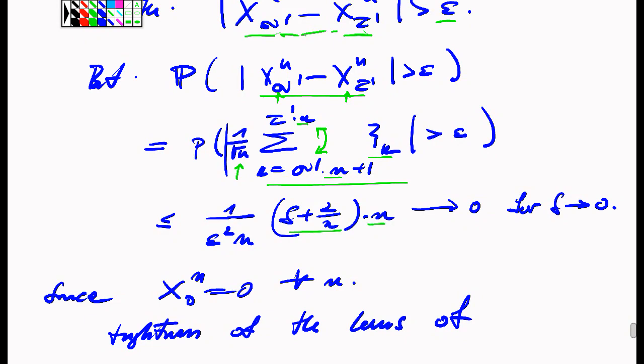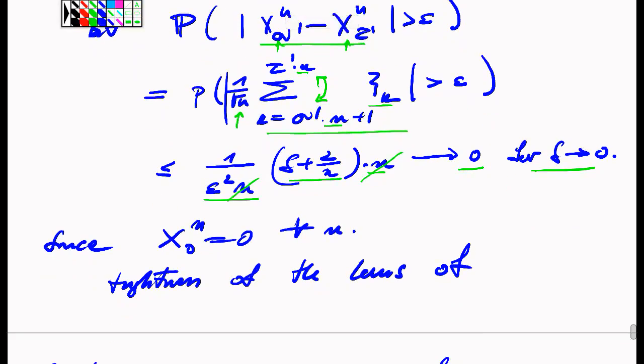That's the maximal number of summands that will appear in the sum, and the Chebyshev inequality with the square relation gives a 1 over epsilon squared times n as a denominator in this estimate. And then we see that this n cancels, and we arrive at an expression which clearly converges to 0 if we send delta to 0 and n to infinity.